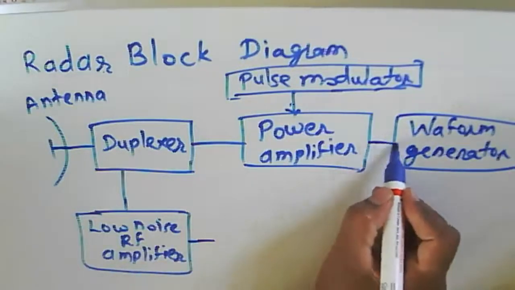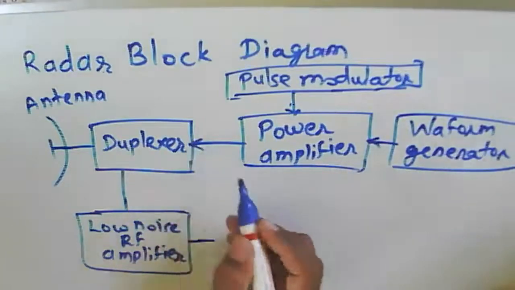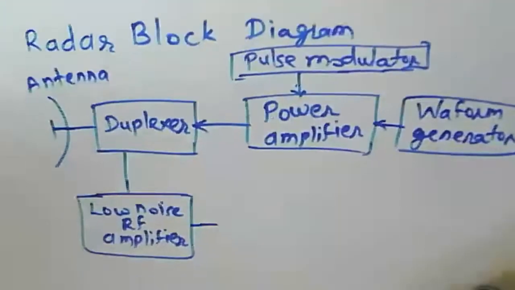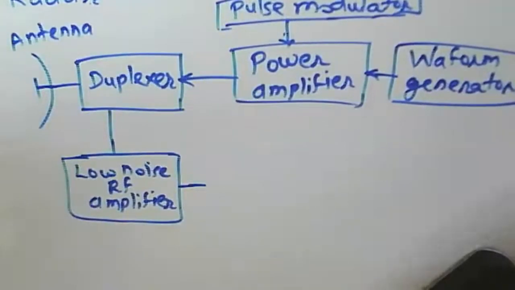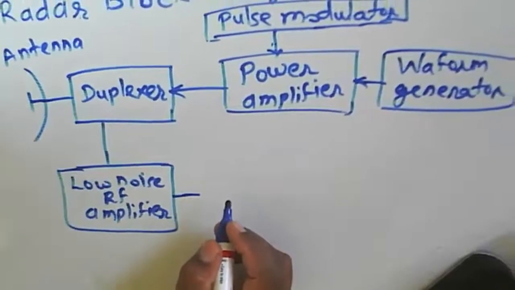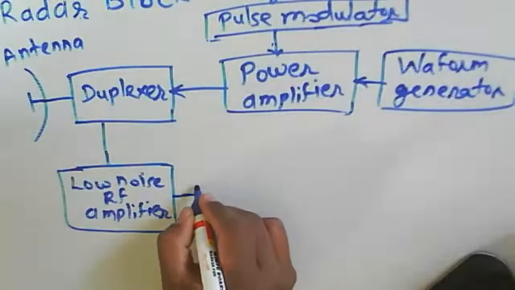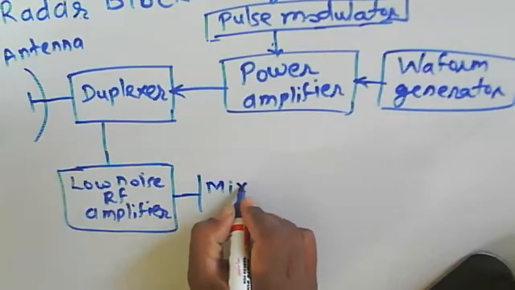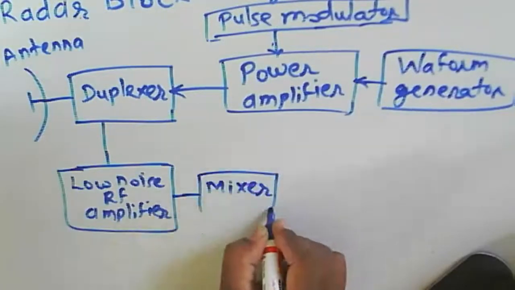So this is about it. All these are the given directions. Okay. So this one is about a part of a transmitter. This one is about the pulse modulator. Then we are supposed to use a mixer here.